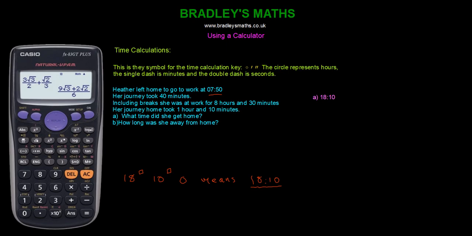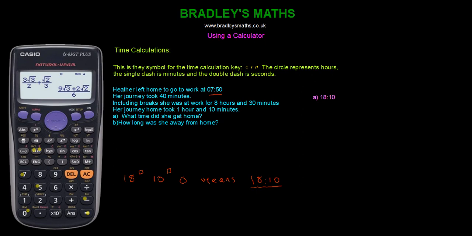If you have still got 1810 up on your display, all you have to do is minus 7 time 50 minutes equals, and that will give you the answer, 1020.